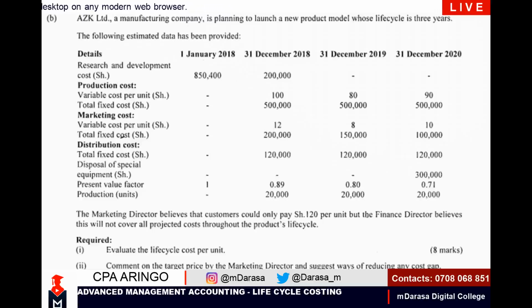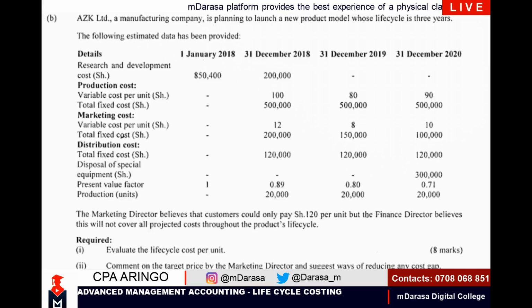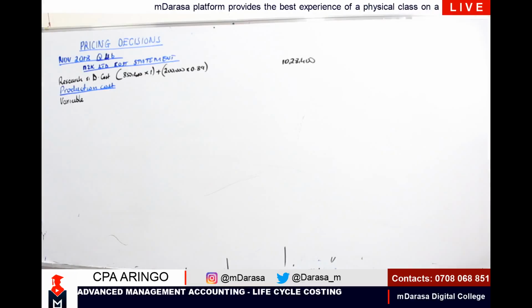So take 100 per unit times 20,000 units. That should give us the total variable cost as at the end of year 1. Of course, I must take into consideration the present value factor. The same case will happen with 31st December 2019 and 31st December 2020. So that is what we should be having.